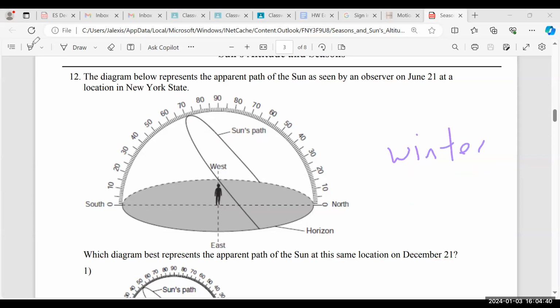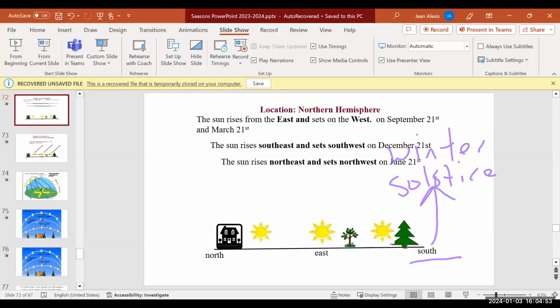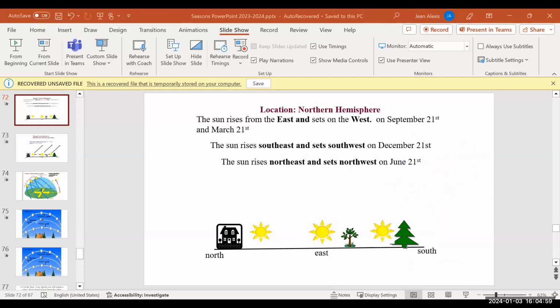So when I look at my notes, one of the key things that stands out to me is that during the winter solstice, the sun rises southeast and sets southwest, December 21st.